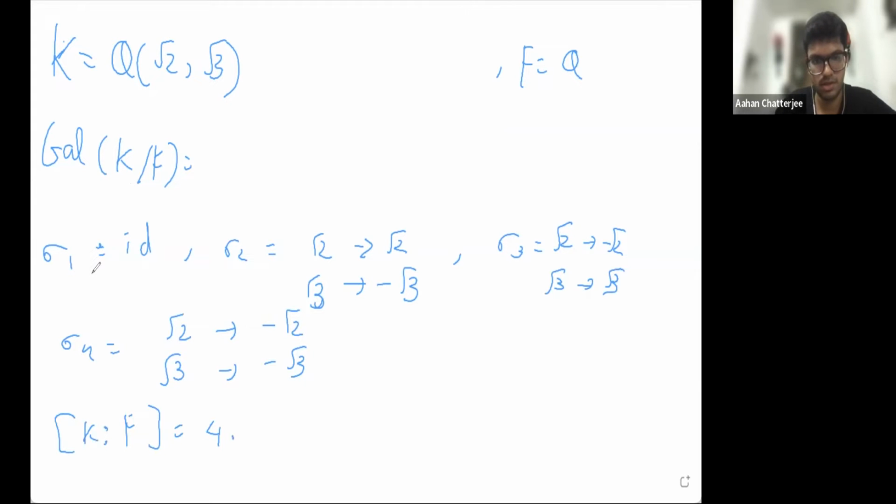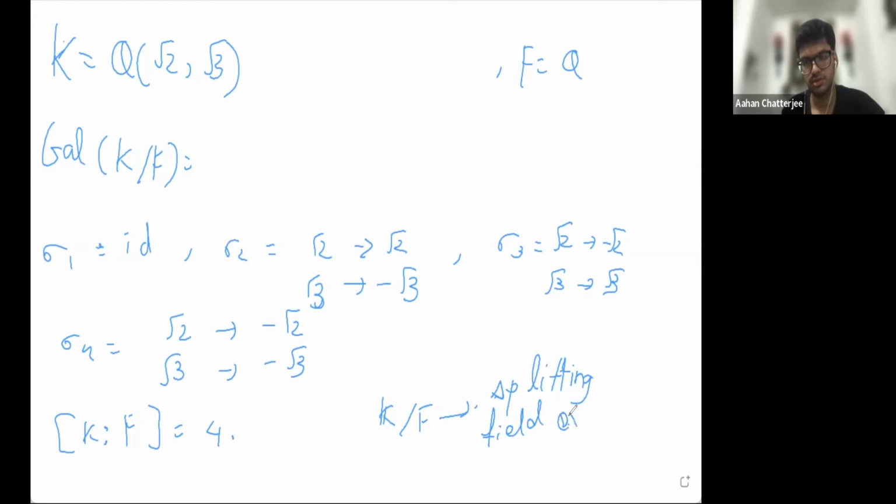And now you can see that K over F is the splitting field extension for (x squared minus 2) times (x squared minus 3), right?